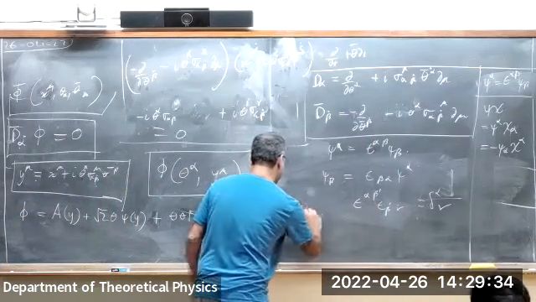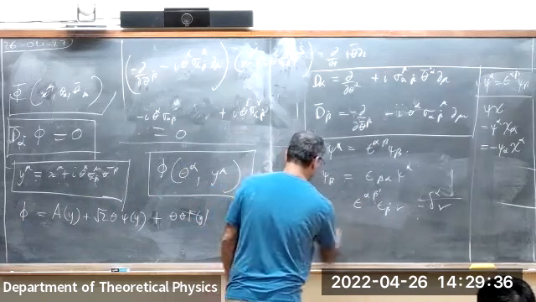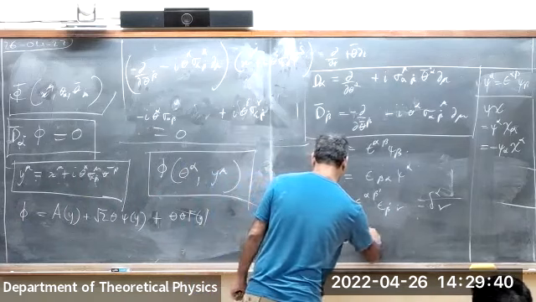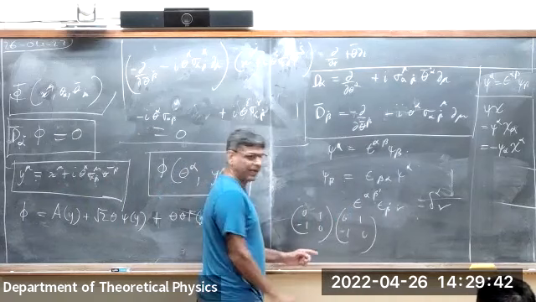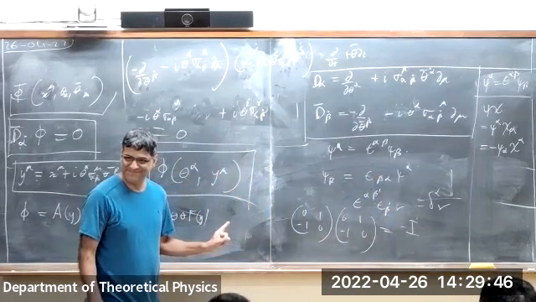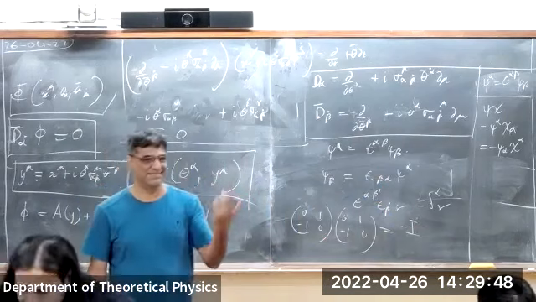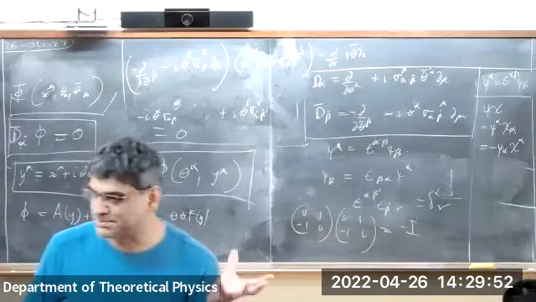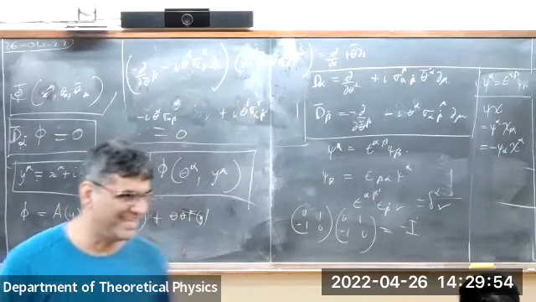Right, because if I take 0, 1, minus 1, 0, and multiply by 0, 1, minus 1, 0, I will get minus identity, because this is related to i times sigma 2. So this matrix epsilon doesn't square to identity, it squares to minus identity.